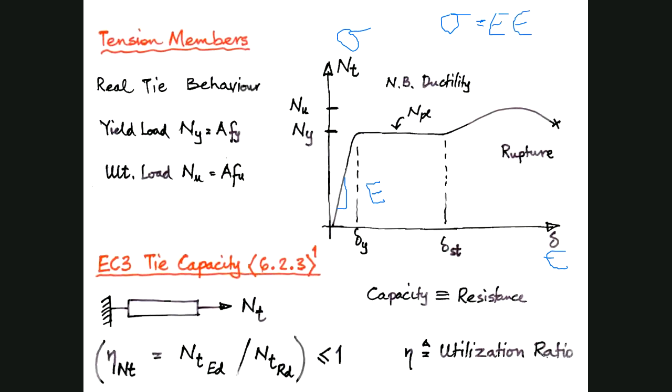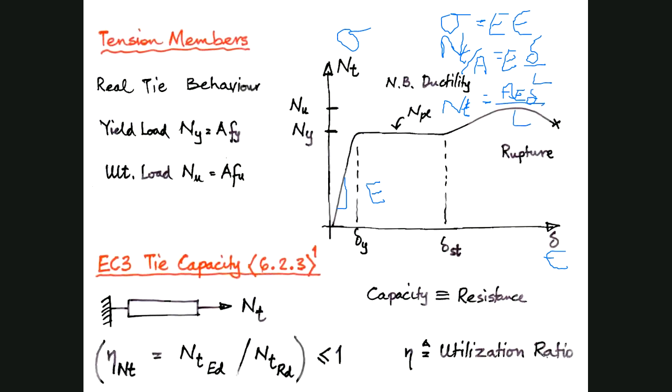We know that stress is equal to the load T divided by the cross-sectional area A, and strain is equal to the change in length divided by the original length. Therefore the tensile force is equal to A times E times delta divided by L.